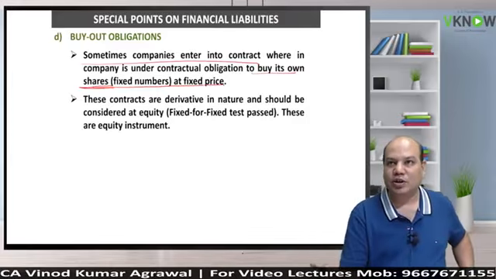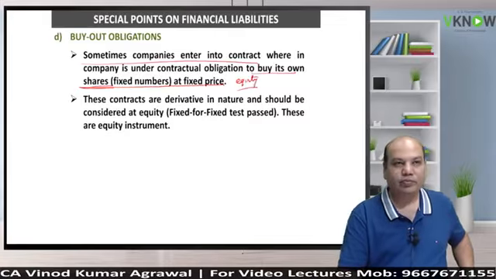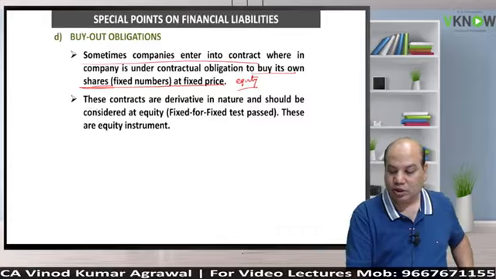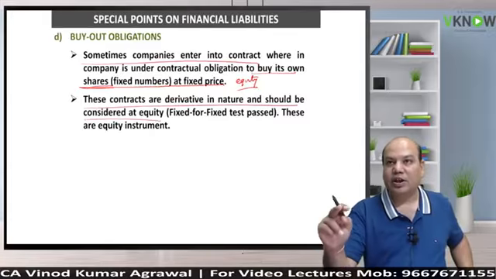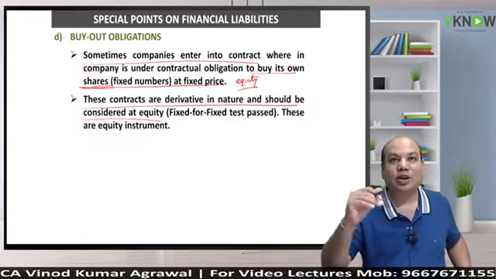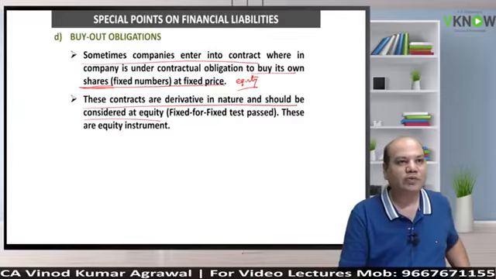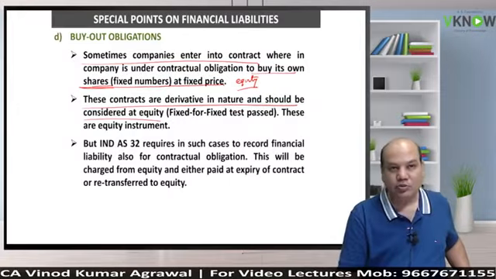The fixed-for-fixed condition is satisfied, so this is equity. These contracts are derivative in nature, but will be treated as a derivative equity contract, not a derivative financial liability. These are equity instruments. And of course, if it was variable, then financial liability.